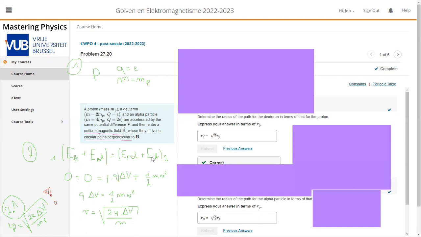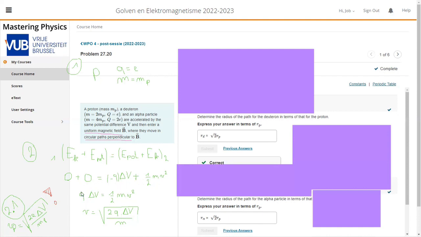So the potential difference makes sure that the particle is moving. This is my particle moving from minus to plus, and this is my kinetic energy, mass times V squared divided by 2. That's the formula that I use.